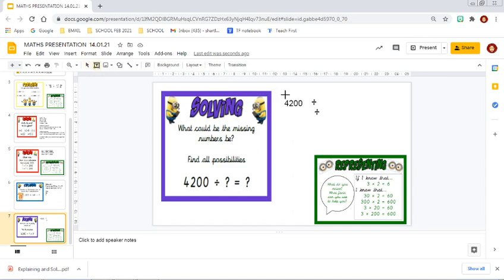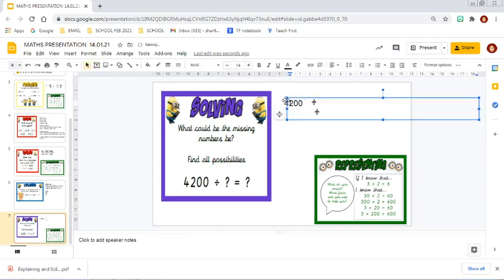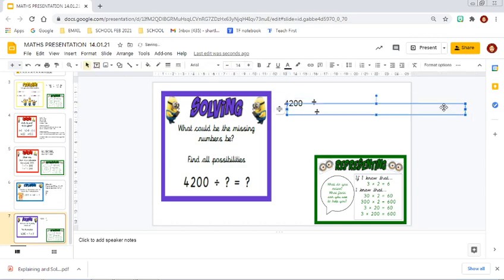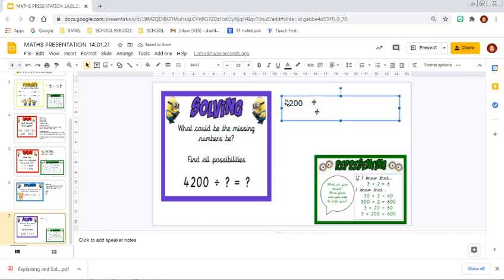So here, what could be the missing numbers? It's given you 4,200 divided by something equals, and it would like you to find as many possibilities as you can. Find all the possibilities. I'm going to show you, for example, one working model.